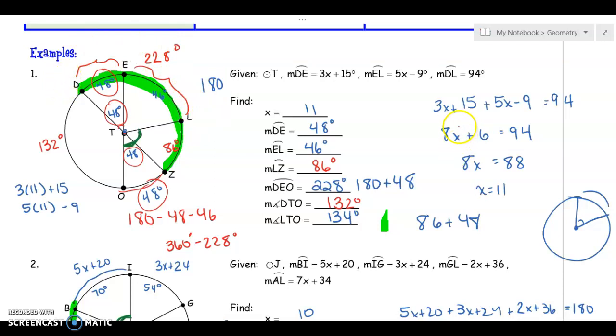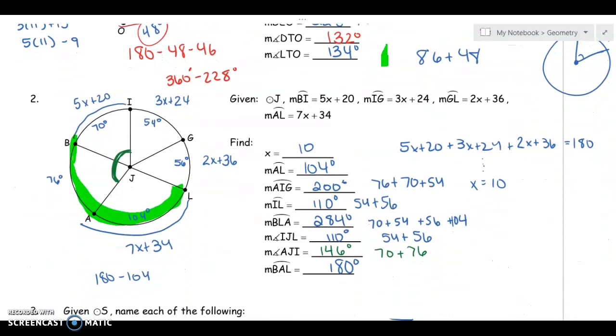So DE, 3x plus 15, plus EL equals DL. These two arcs add up to equal this big arc DL. And then we solved for x and we got 11. And then once we found 11, we were able to look at certain pieces of the circle to find the missing arcs and angles. And we did that down here as well.